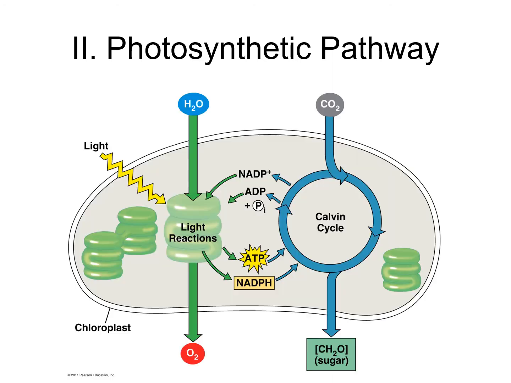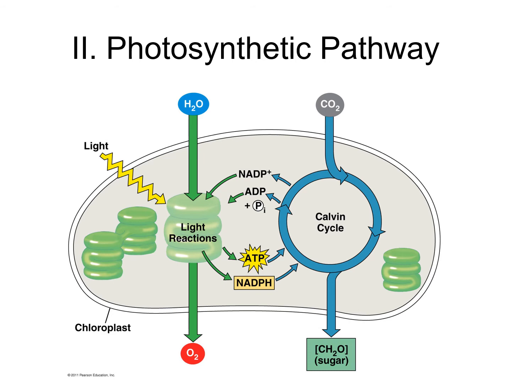So in spite of the fact that we can express photosynthesis as a summary equation, remember it's really a long metabolic pathway, a series of linked reactions. This illustration shows us that the pathway plays out in two major stages. On the left side of the image, we have the involvement of thylakoids and light and water.